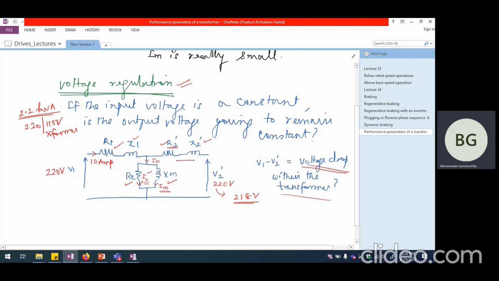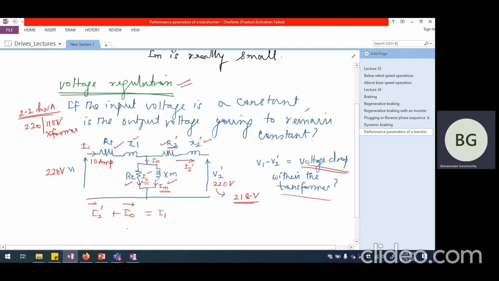So if I call this current as I2 dash, which is also incidentally the load current, I2 dash plus I naught, both of them being phasors, these two added together will give me I1, which is the current drawn from the primary side.